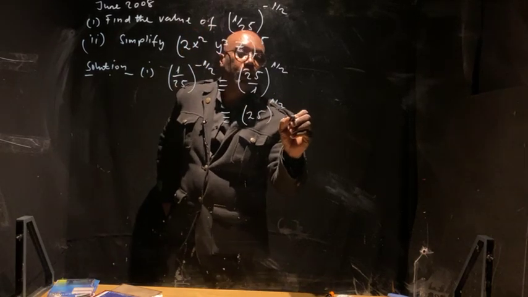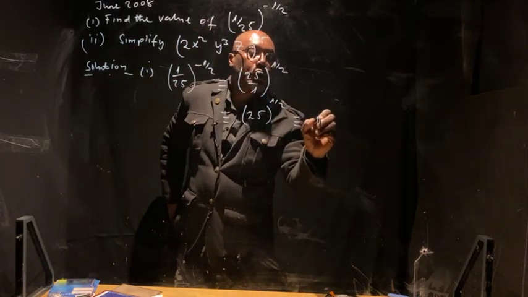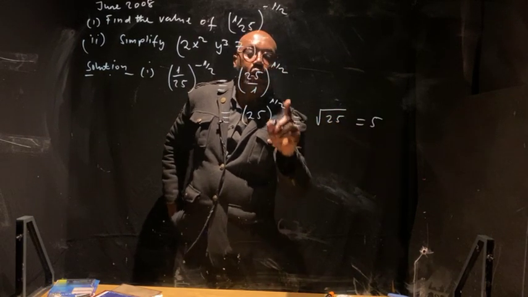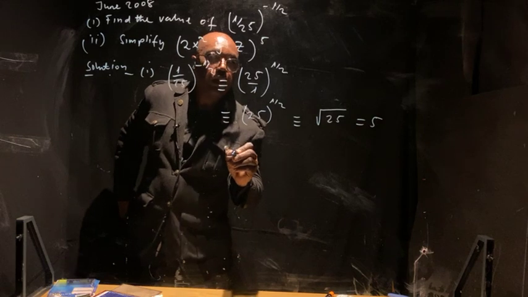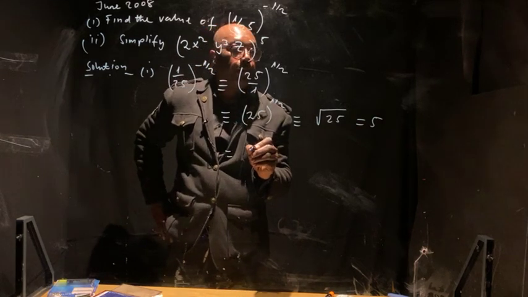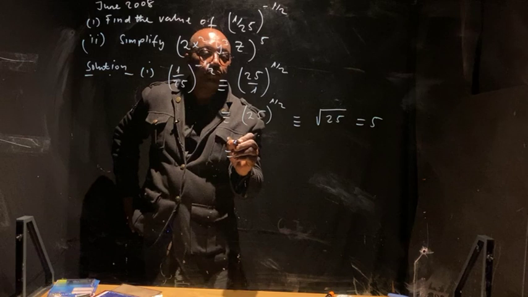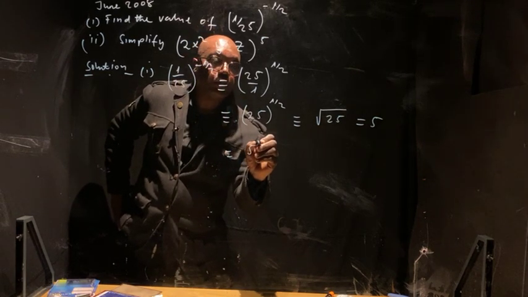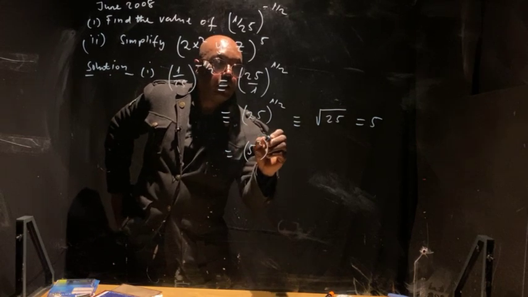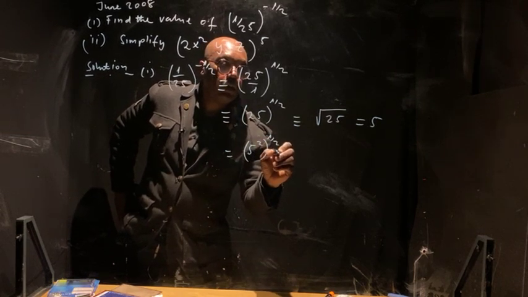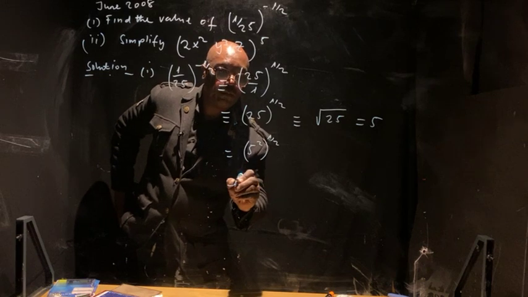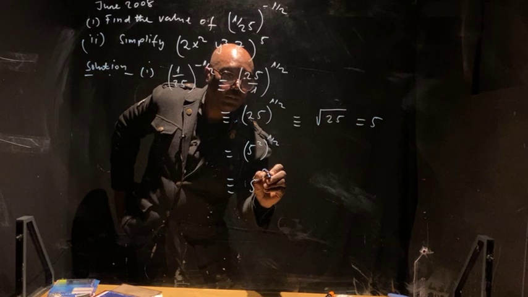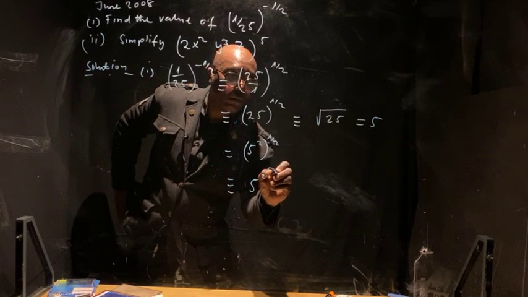This is the same as the square root of 25, which equals 5. Or you can do it this way: 25 equals 5 times 5, which is 5 squared, raised to the power half, which is not different from 5 raised to the power 2 multiplied by 1 over 2.